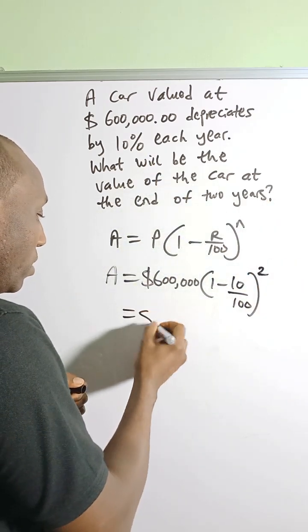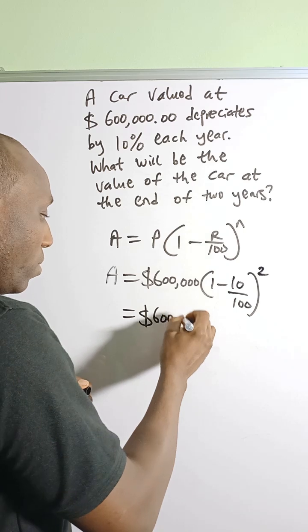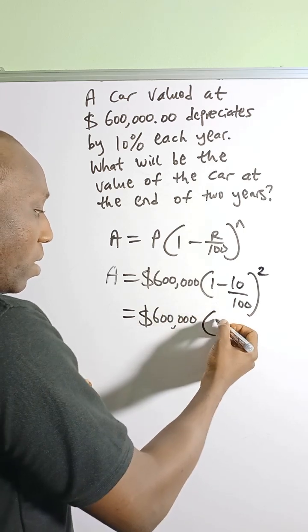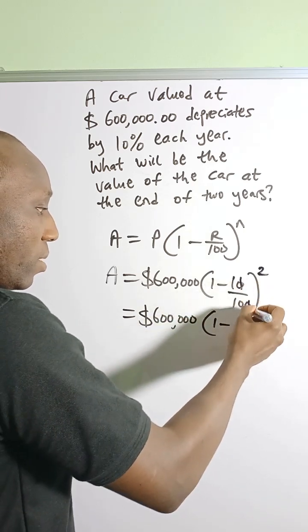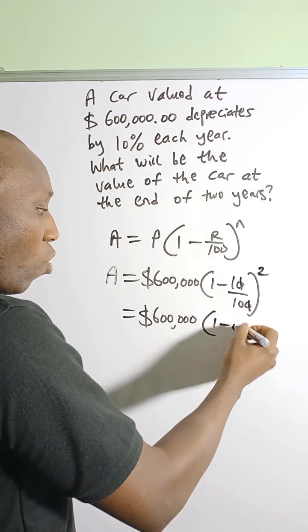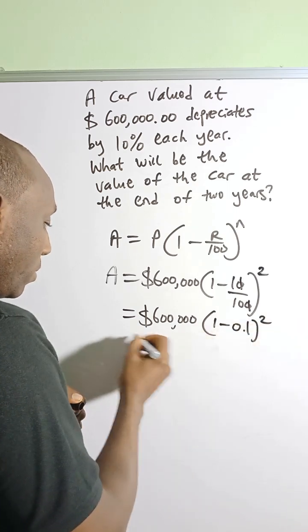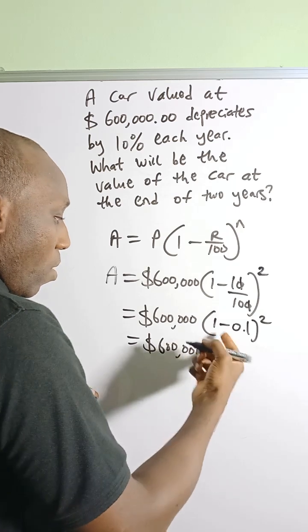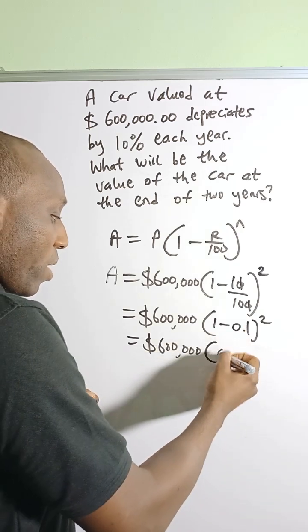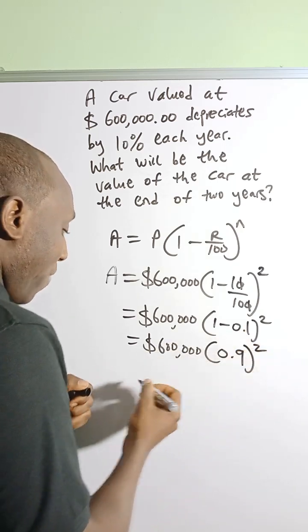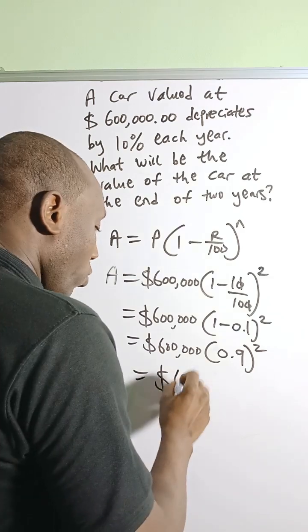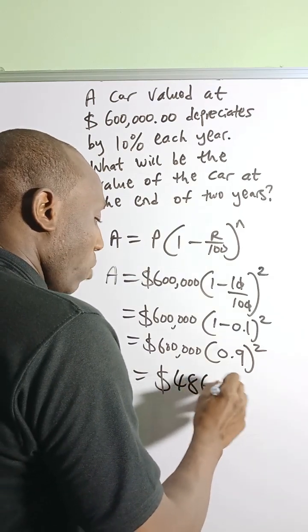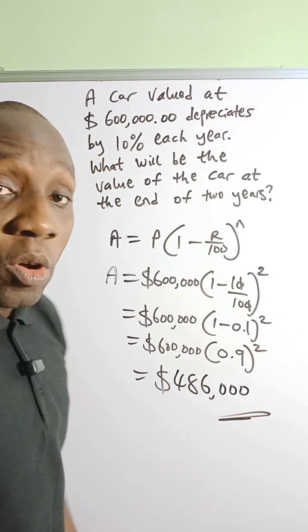So when you simplify this, this is $600,000 times 1 minus 0.1 squared. And just to hasten things up, 1 minus 0.1 is going to be 0.9. So the final answer here becomes $486,000. Just as we got when we used the first method.